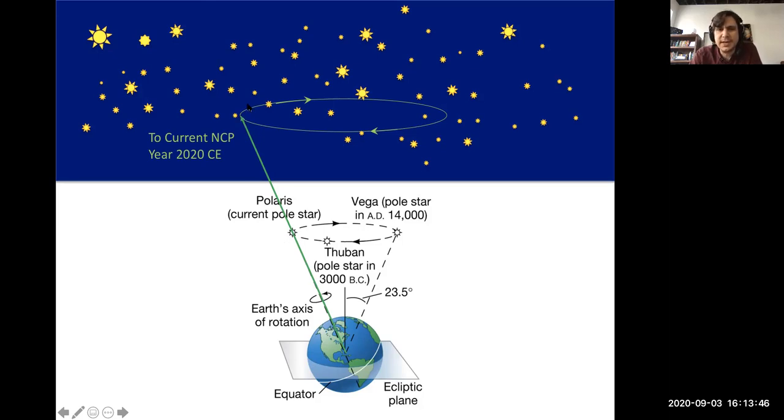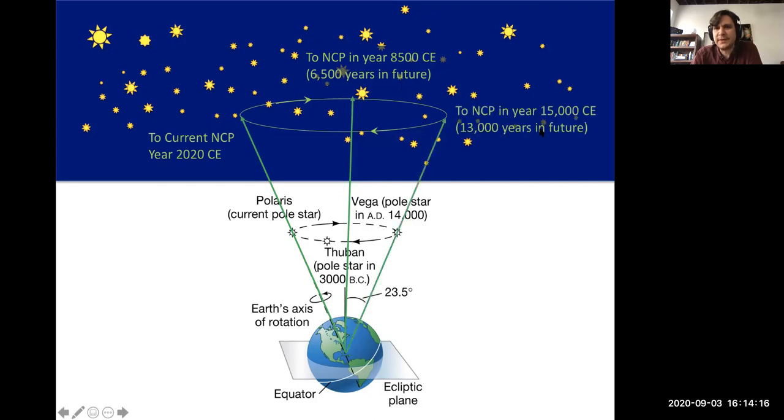Then you can see that where north is going to point, I will represent by this circle on the sky. So our north celestial pole will change as the Earth wobbles and points in different directions. Currently, in the year 2020, it is pointed towards Polaris. About 6,500 years in the future, it will be pointed over here in this direction.